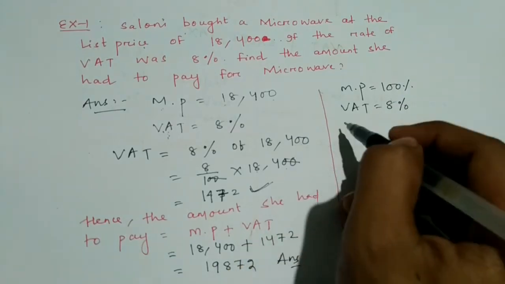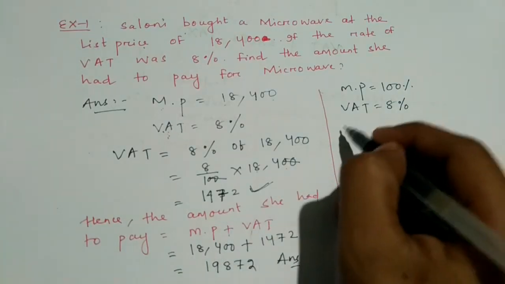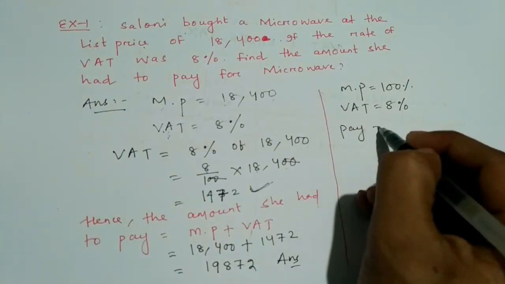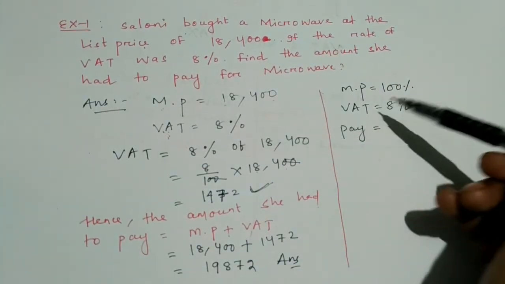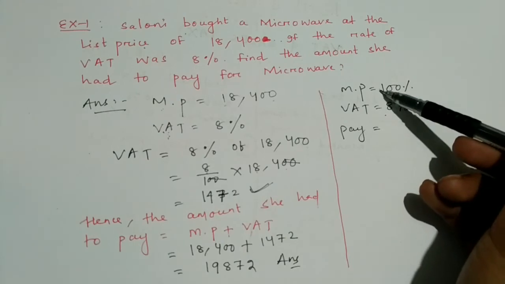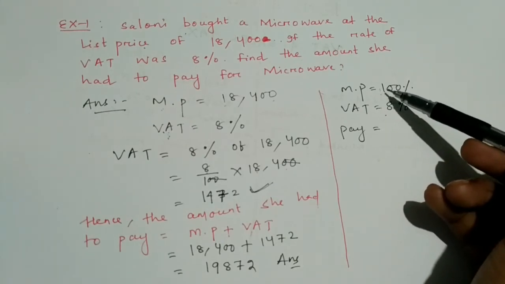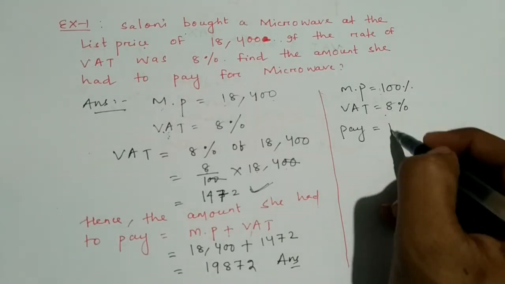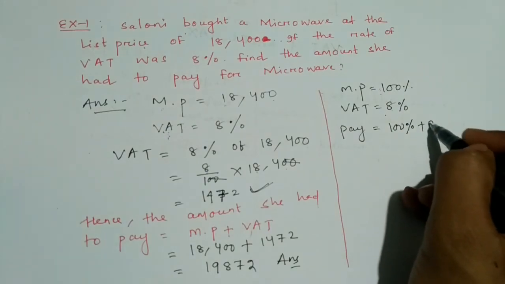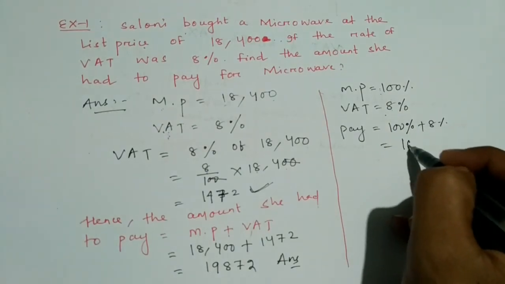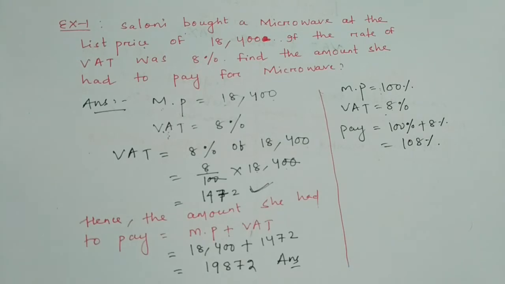So the amount she had to pay, the pay amount will be what? VAT is always added to the mark price. So 100% plus 8% will be 108%.